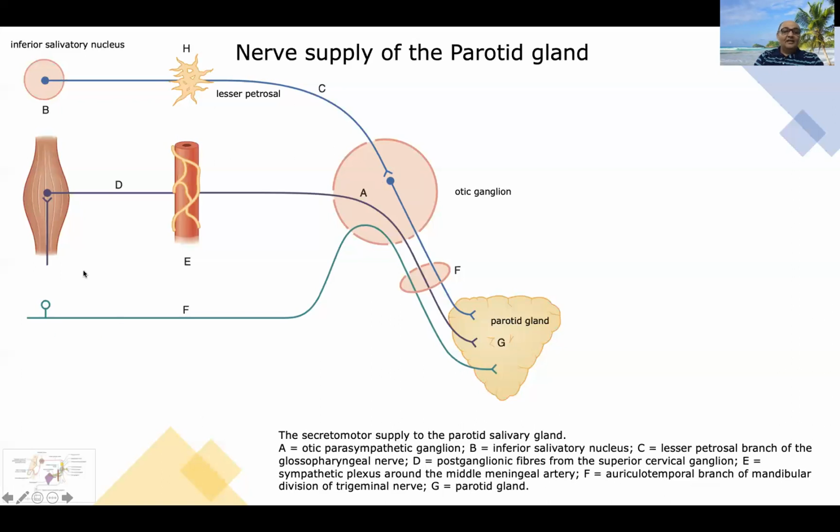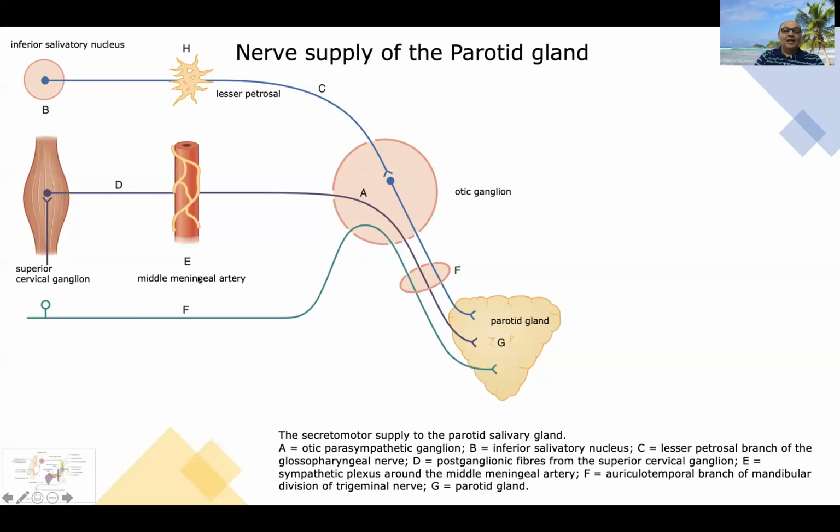Now let's look at what is the source of my sympathetic. So if I have to look at my sympathetic, it is the superior cervical ganglion. We all know the sympathetic chain ends in the neck as the superior cervical ganglion, and from there the sympathetic fibers traverse across the arteries. So now from the superior cervical ganglion, you can see the sympathetic fibers have reached a plexus above what? What is this red structure which is visible to us?